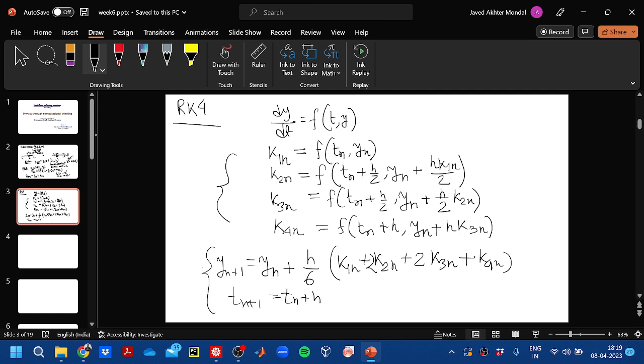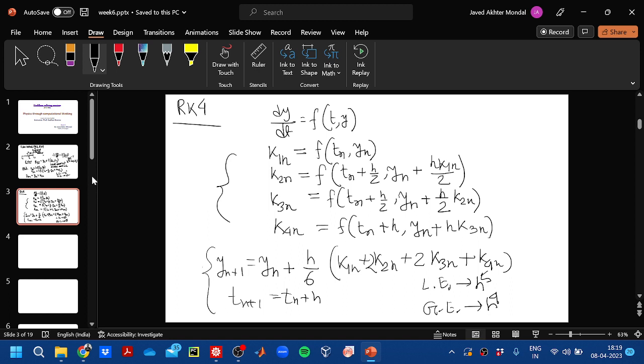This is the RK4 method. For RK4, the local error is of the order of h to the power 5, and the global error is of the order of h to the power 4. That is what we discussed in detail in the previous lecture video.